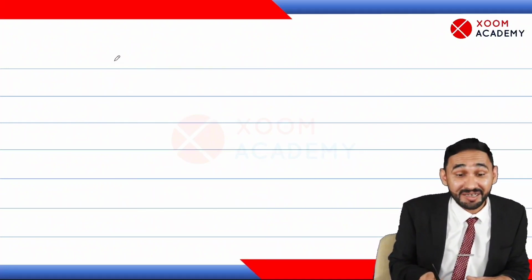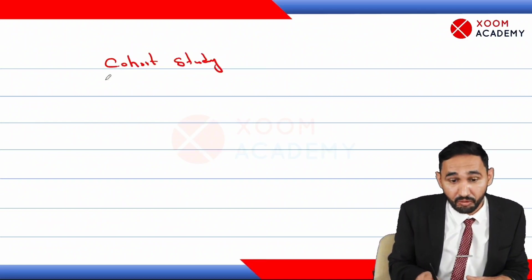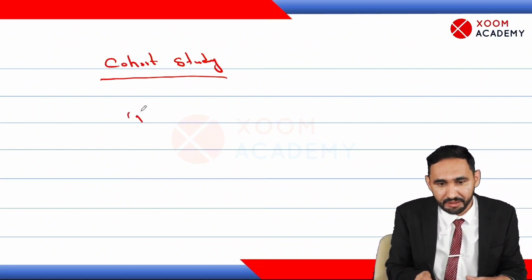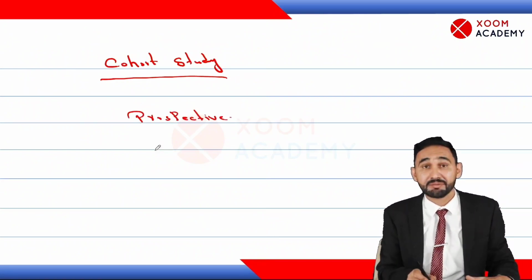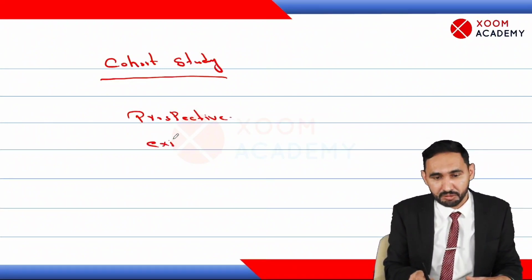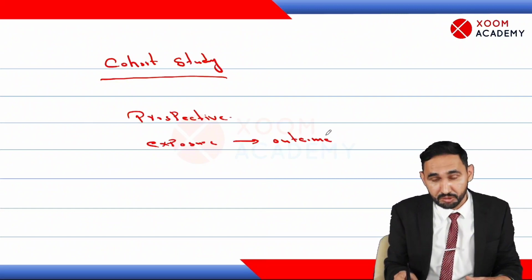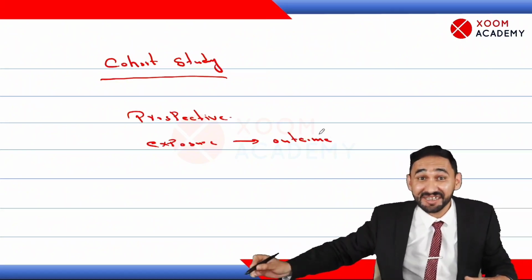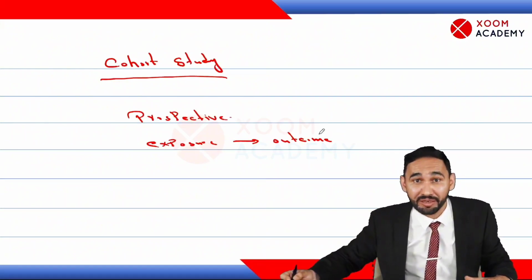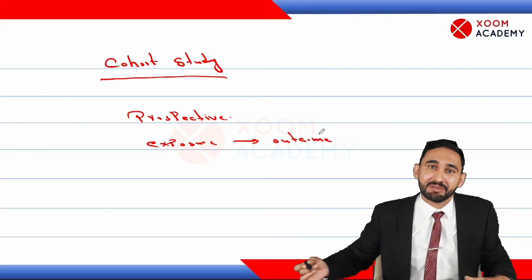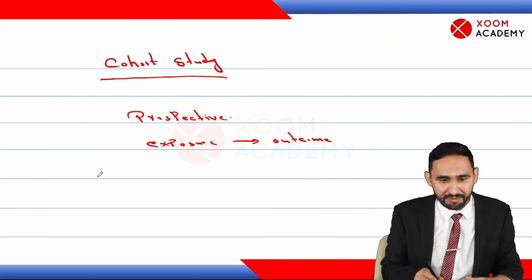What is a cohort study? A cohort study is a prospective study. It is a type of analytical study which is prospective. This means we move from exposure to outcome. Those who are included in a cohort study are not diseased, they are exposed, and we will see how many of them develop disease.